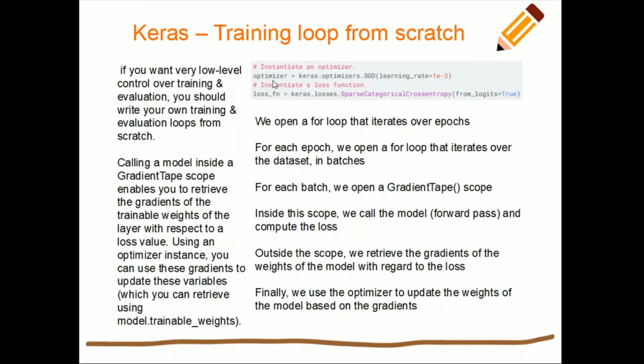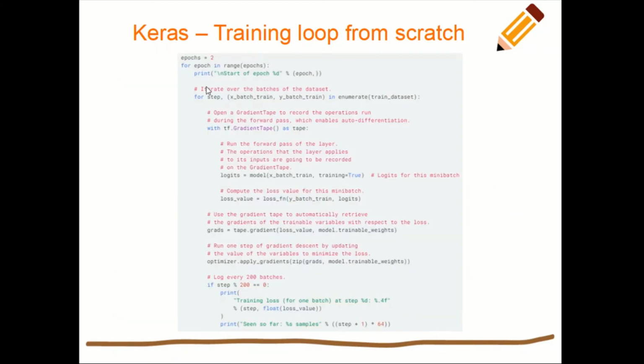This is what you see here. We are creating the optimizer and the loss function, and this is how the code is going to look. The outer for loop is for iterating through the epochs, and the inner for loop is for iterating through the batches of the data set. For each batch of data we are doing the loss calculation here, as you can see with the loss value.